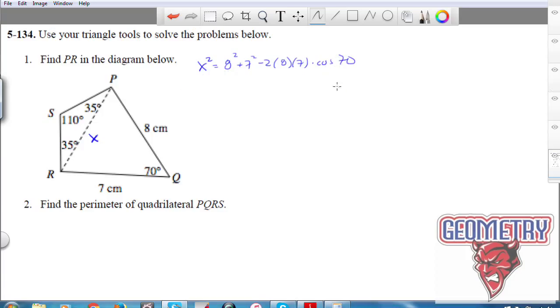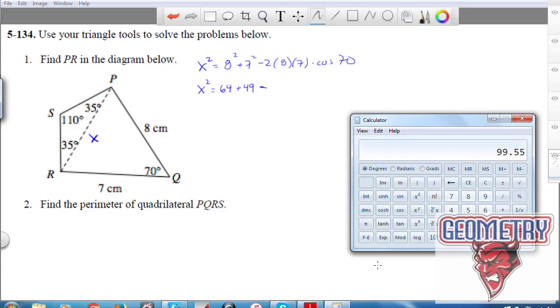And so that is going to be the value of x squared. So let's start to break this down here. 8 squared is 64, 7 squared is 49, and then we have 2 times 8 times 7 times the cosine of 70. So let's see what that is.